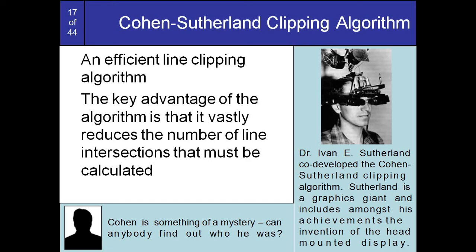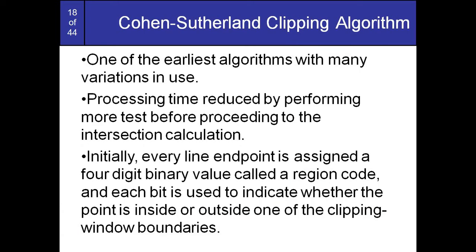In the brute force method, we needed to compute intersections for all the lines, but in the Cohen-Sutherland algorithm, the number of line intersection computations is minimized. Dr. Sutherland developed this approach, and nowadays this approach is still in use. It was one of the earliest algorithms that came into the picture.